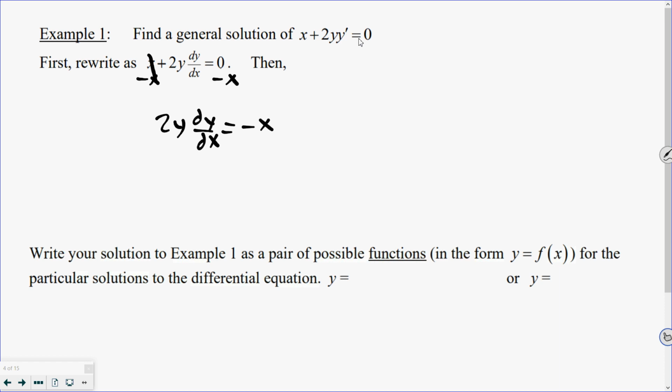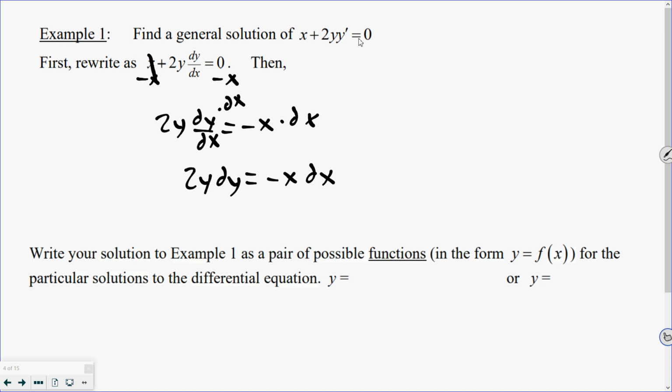The next thing is I want that dx with the x. The way I move it over is by multiplying both sides by dx. So now I have 2y dy equals negative x dx. That's the first 3 steps. I want all the y's on one side with the dy, and all the x's on the opposite side with the dx.